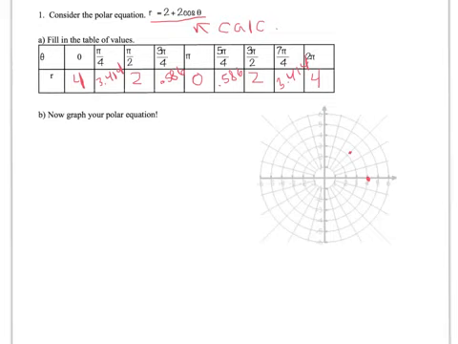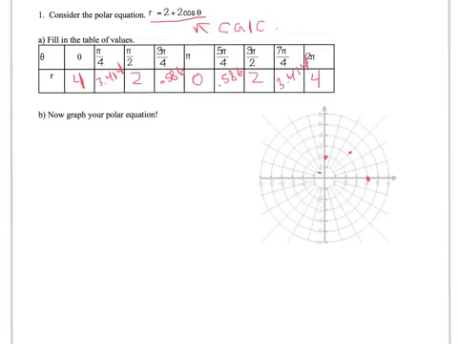And when theta is pi over 2, I walk out 2, so I'm facing pi over 2 and walk out 2. When theta is 3 pi over 4, 135 degrees, I walk out 0.586, so a little more than a half, which is tough to do here, so this point can suffice.